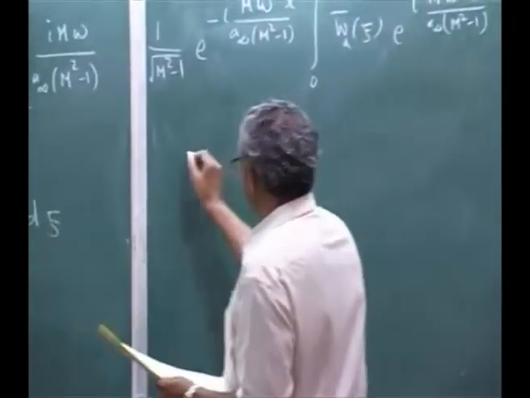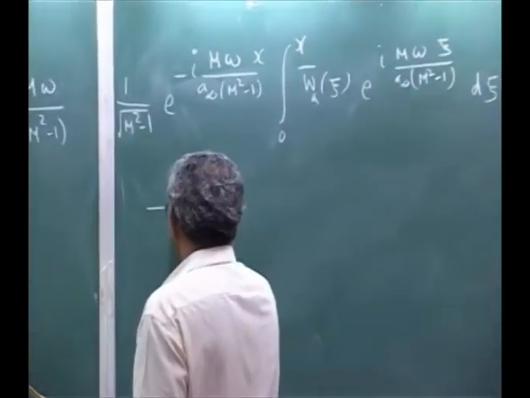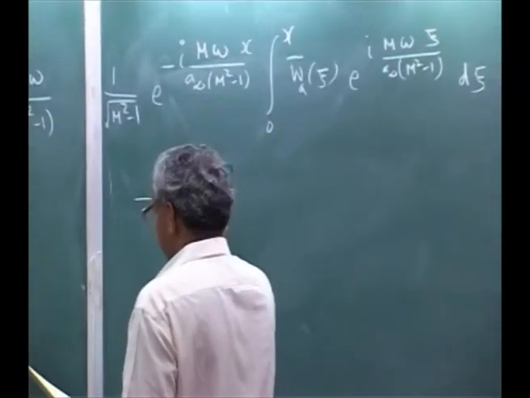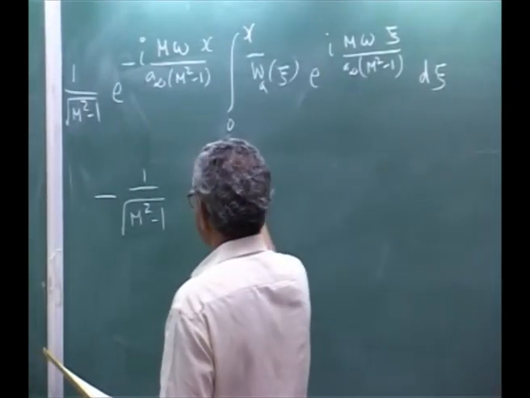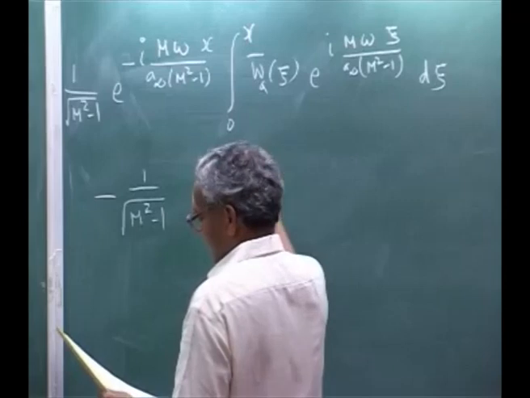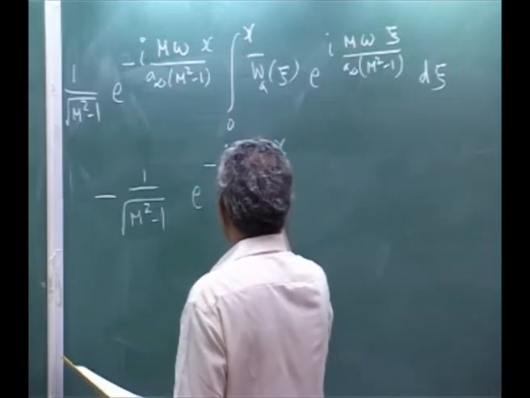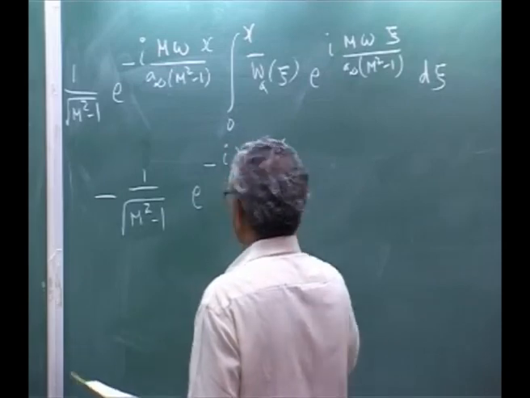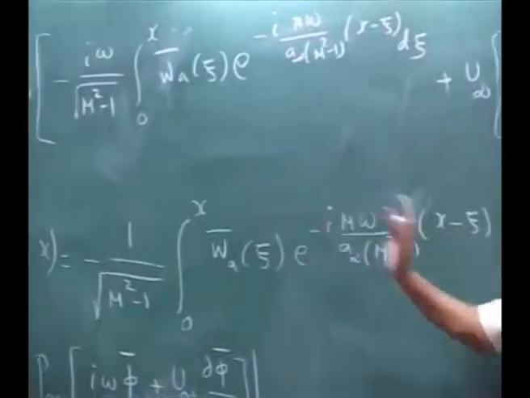So I will get minus 1 by square root of m square minus 1, e to the power minus I m omega x over A infinity m square minus 1. That is, this term is kept outside.